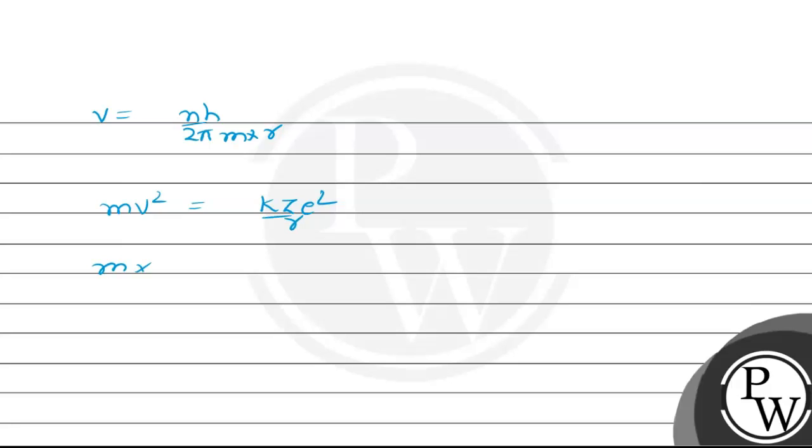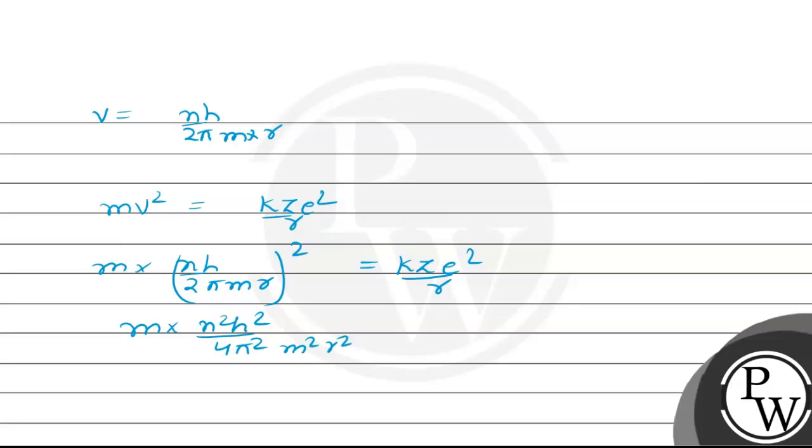So m into v square, n h upon 2 pi m r whole square, equals to k z e square upon r. So m into n square h square upon 4 pi square m square r square, this is equal to k z e square upon r.